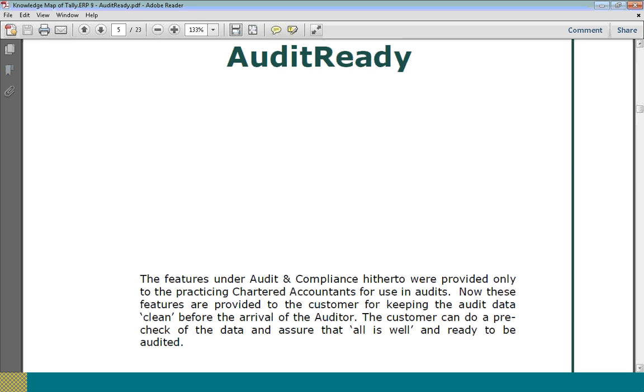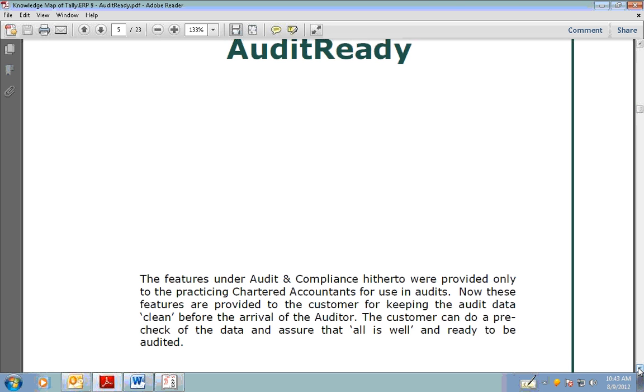So the business owner, who must know his data and entire business transactions, can use this tool to see exactly what corrections have to be done before taking it to the auditor, where the auditor need not spend much time on those corrections which can be done from the customer's point of view. Right? So I've given a brief information about this, right sir? Shall we continue now?